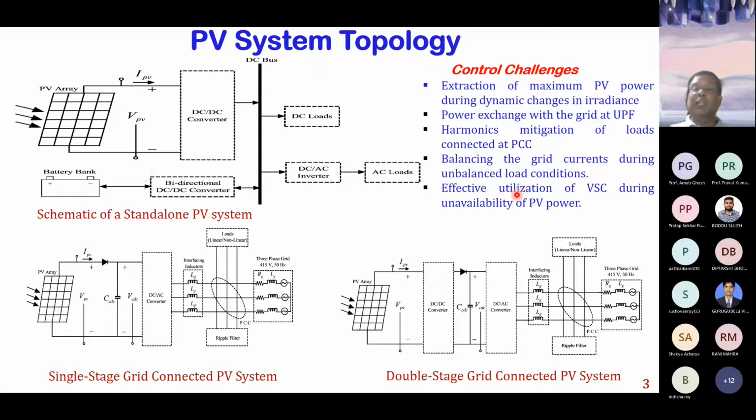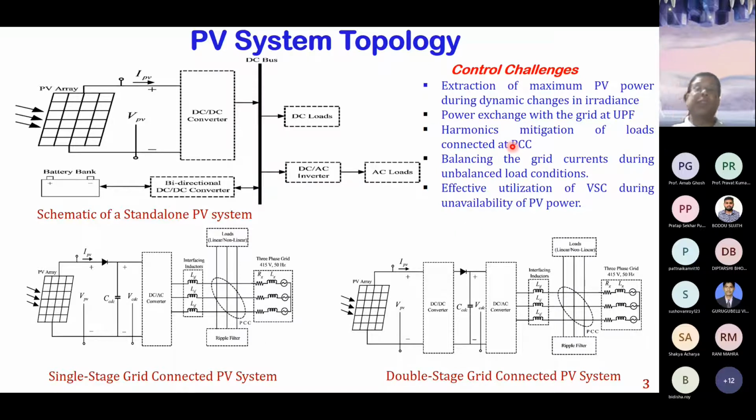So the control challenges for this grid connected PV system, which is very popular, involve several tasks. One is the extraction of maximum power from the panels during changes in the irradiance falling upon the panels, and also to exchange power from the PV system to the grid at unit power factor, and also to mitigate the harmonics produced because of the nonlinear loads connected at the point of common coupling.